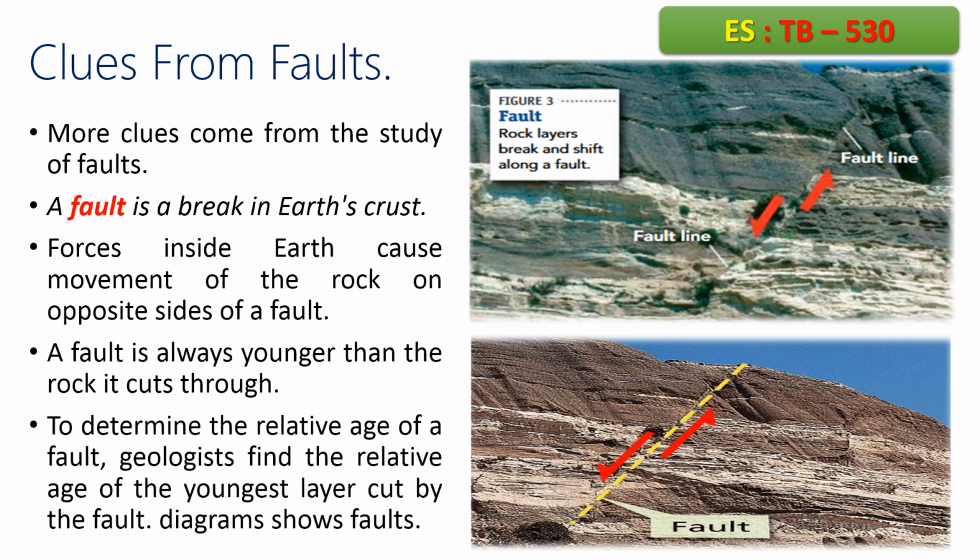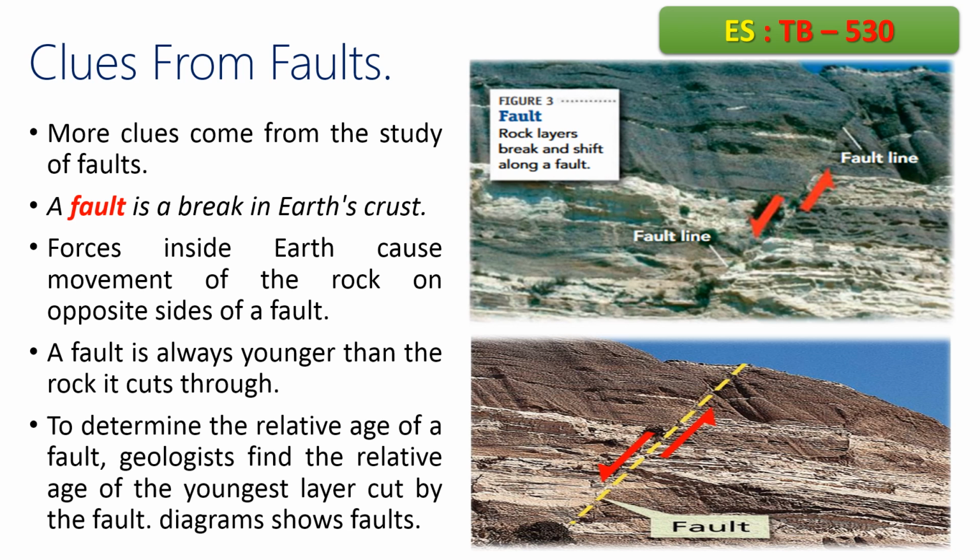To determine the relative age of a fault, geologists find the relative age of the youngest layer cut by the fault. Look at the diagram. You can see a yellow line and a crack on the top of the diagram. These are called fault lines.